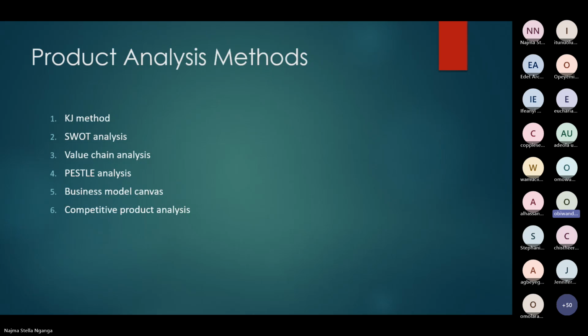So the PESTLE analysis talks about, first, the political: government regulations on food and beverage products, staying updated on labeling requirements, health standards, and any politics impacting small businesses in the food industry. Also, government support for small businesses, like grants and programs encouraging local business, could be beneficial for my business.